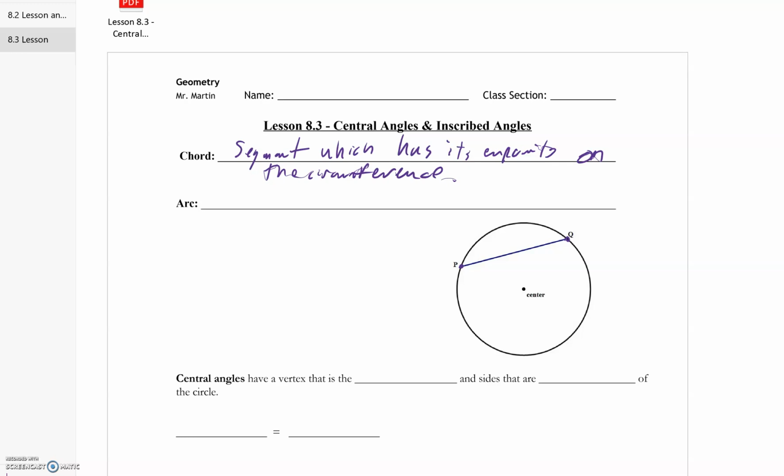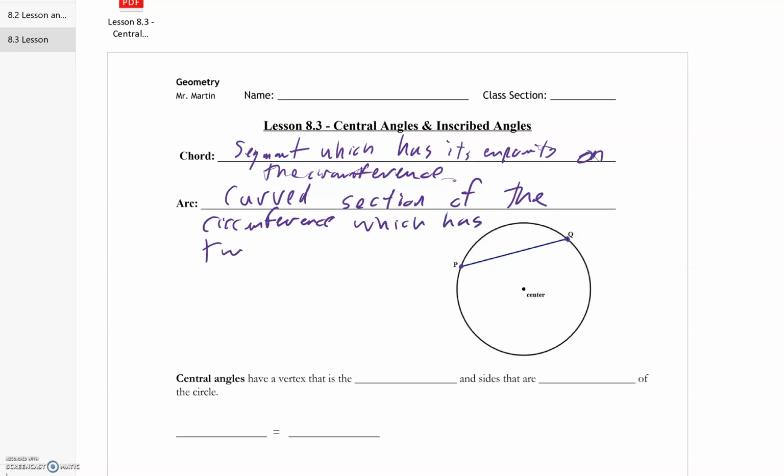An arc is a curved section of the circumference which has 2 endpoints also on the circumference.